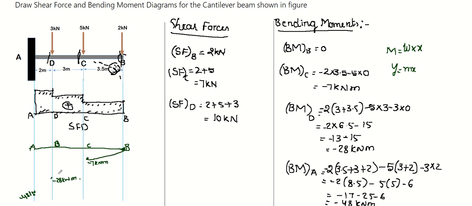So just join all the points with straight lines. And this is all hogging. So for a cantilever beam, the bending moment cries, negative bending moment, hogging. This is the bending moment diagram. This is how you need to draw it.